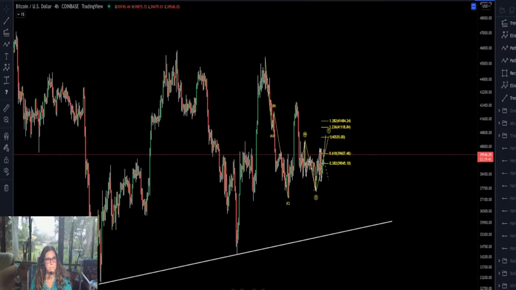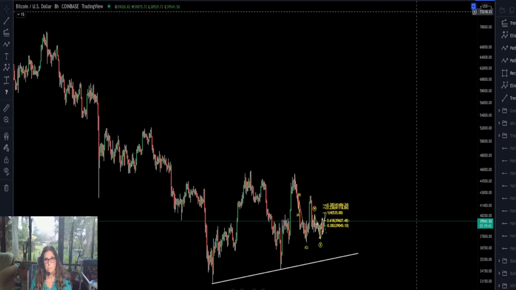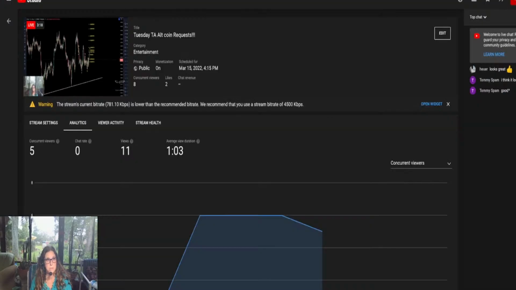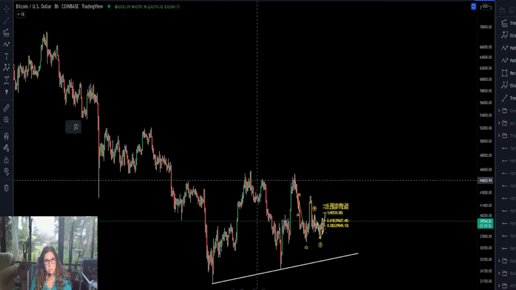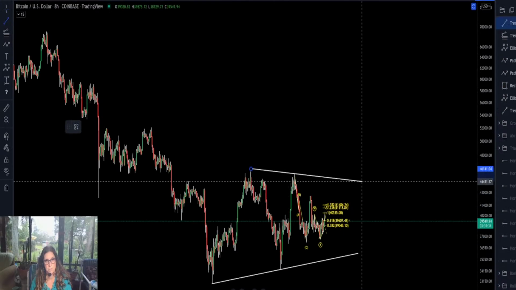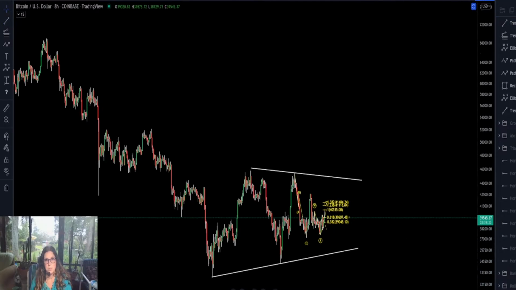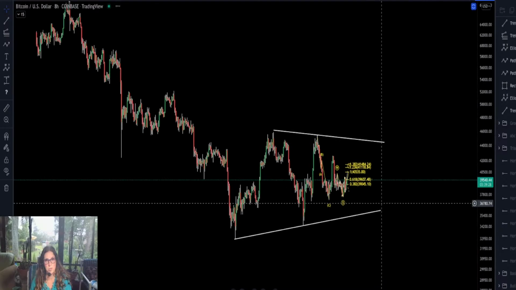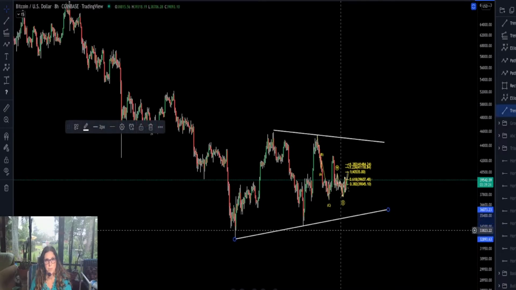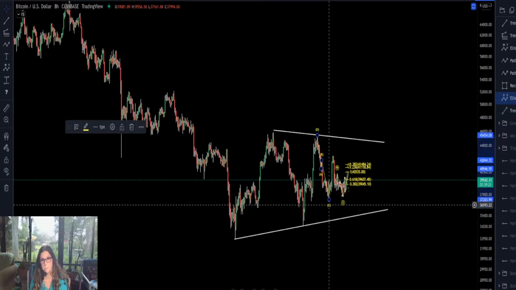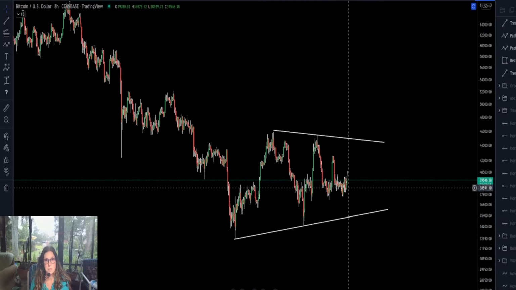We know that everybody is looking at this triangle. So let's talk about it, because what happens usually when everybody's looking at something, it usually doesn't happen, right? I'm going to take this out of here for now.